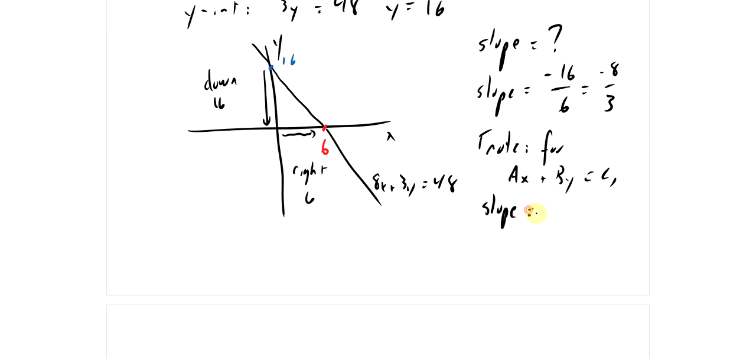Slope equals minus the coefficient of x over the coefficient of y. So there's our slope. So what's the y equals mx plus b form? Well, the slope is minus 8/3, and the y-intercept is 16. So there we have the equation of the line.